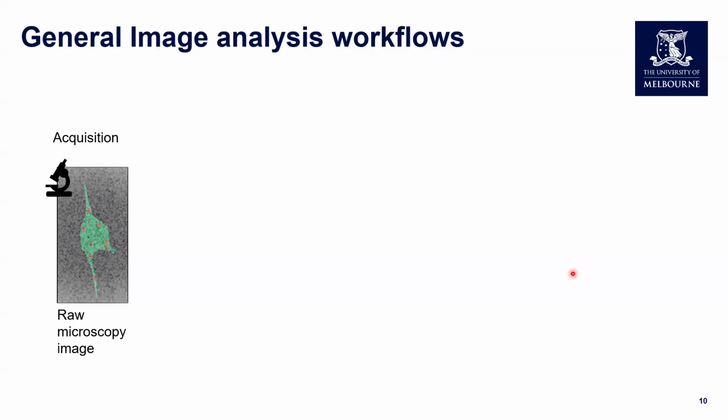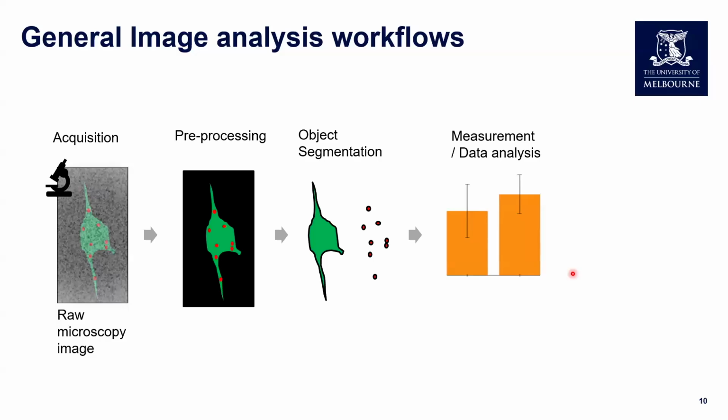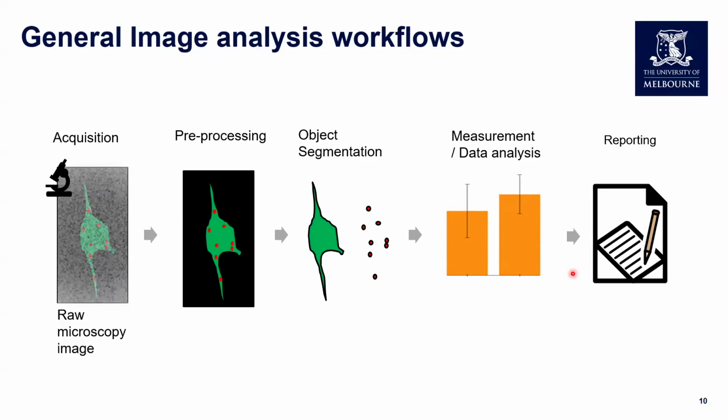Generally, the image analysis workflow involves first pre-processing the raw microscopy image to correct any defects that happen during acquisition, and then segmenting objects or defining a region of interest before measuring any quantifier and reporting the result. And depending on the type of analysis, we can either use a single software package that covers the entire workflow or use multiple software to access specific functions.